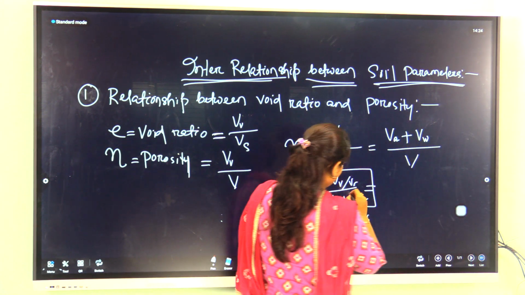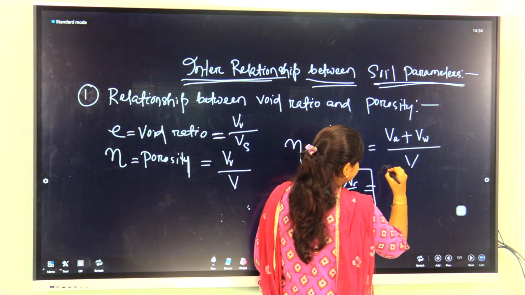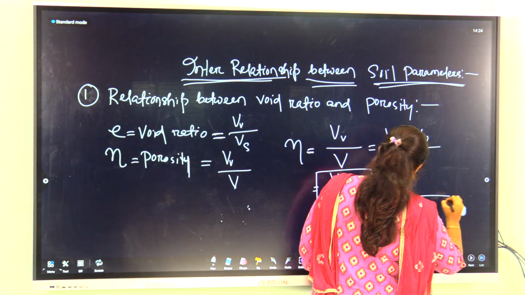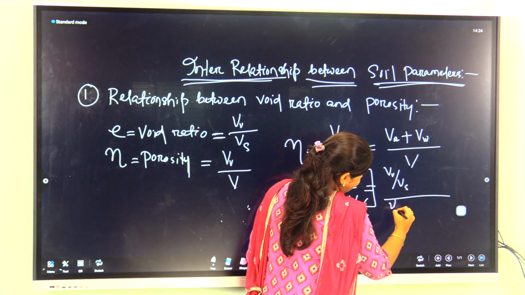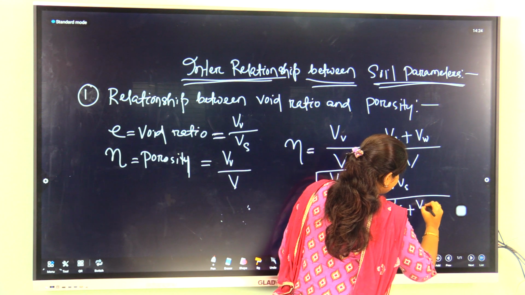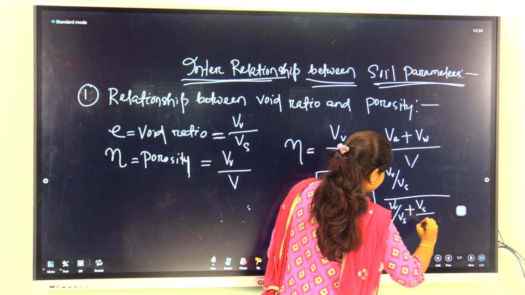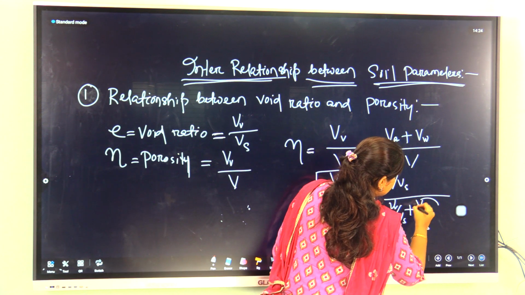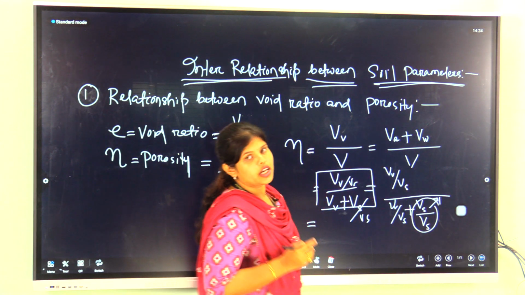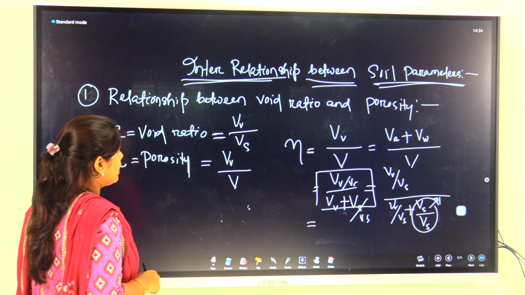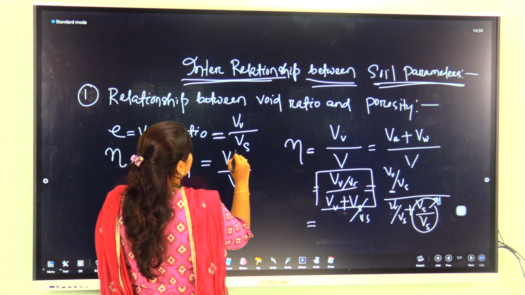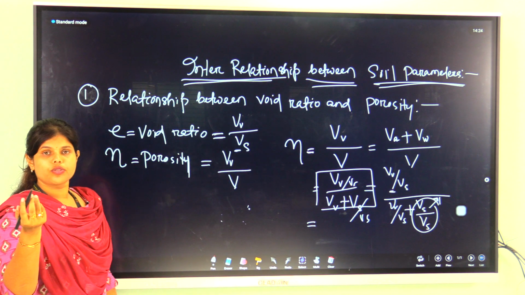This will become volume of void by Vs, and Vv upon Vs plus Vs upon Vs. This term will become 1, Vs upon Vs equals 1, and here we get Vv by Vs. We know that Vv by Vs equals e.